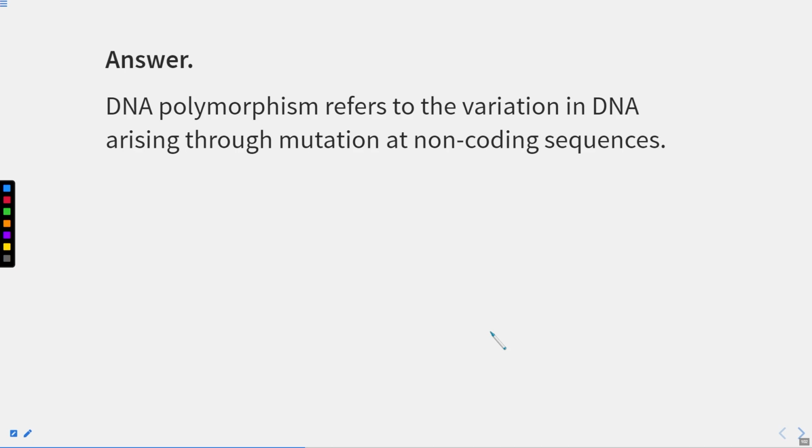Now let's have a look at the answer. The DNA polymorphism refers to the variation in DNA arising through mutation in the non-coding sequences. The non-coding sequences mean the sequences that don't code for any protein or any product. Okay, there is a very high rate of mutation in these regions because they are not carried forward.